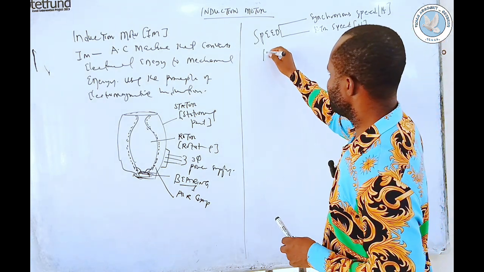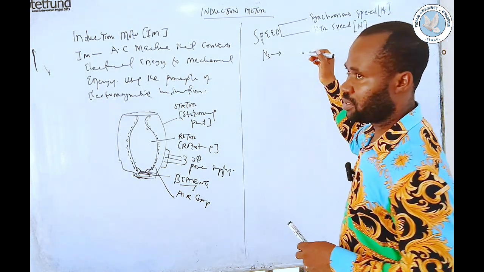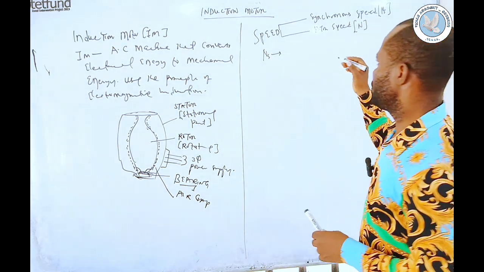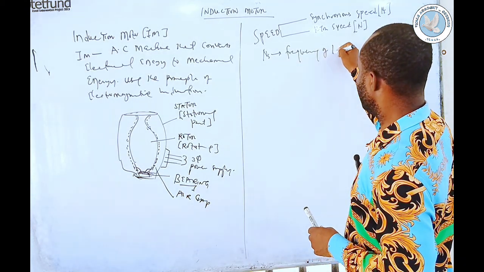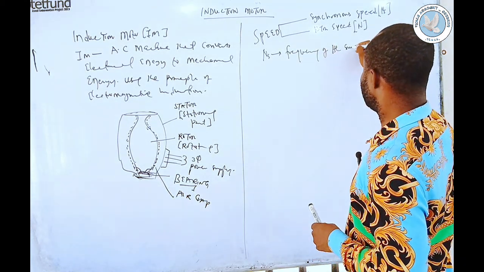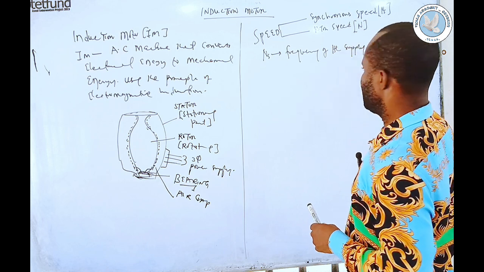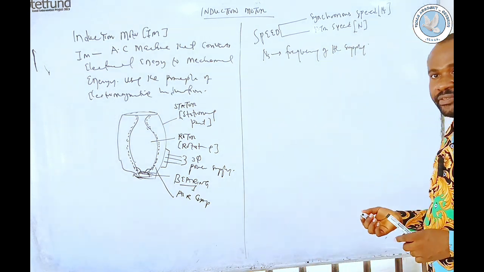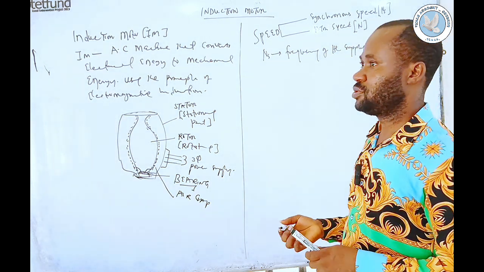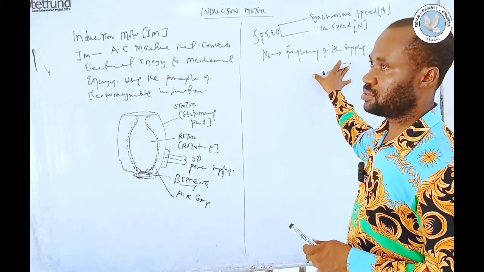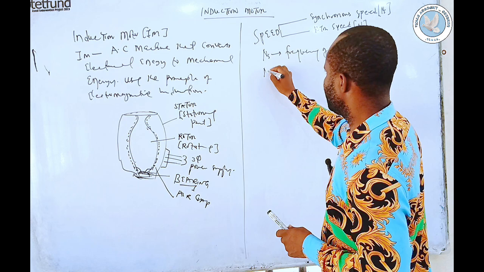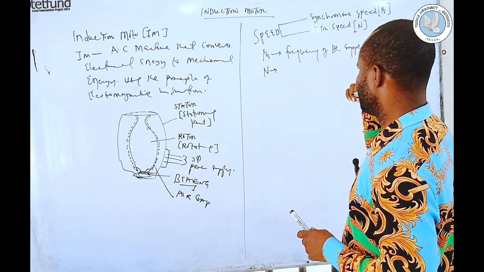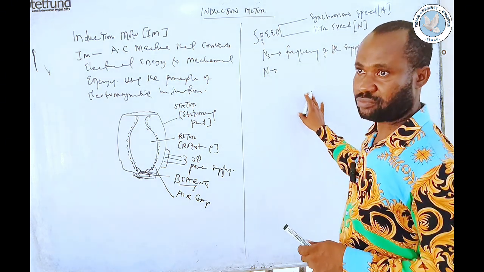So the synchronous speed is influenced by the frequency of the supply. Some countries will use 50 Hz, while some will use 60. So the synchronous speed is influenced by frequency of the supply, whereas the rotor speed is affected by the load.